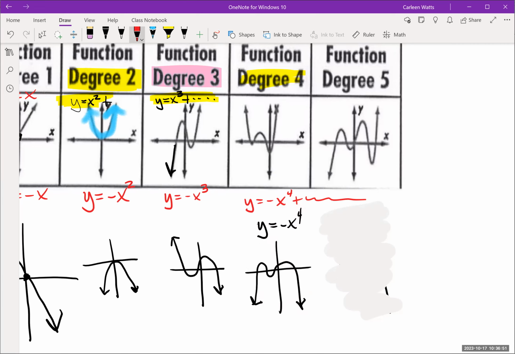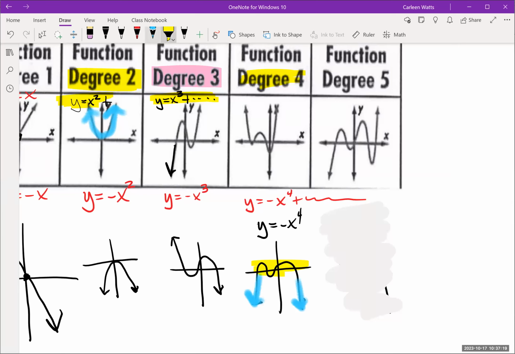So it's going to look like that. So notice we are able to predict the end behavior. In this class, we're not going to learn a lot about the middle behavior. You have to take future classes. We know the x-intercept, but we're going to be focusing on the end behavior.